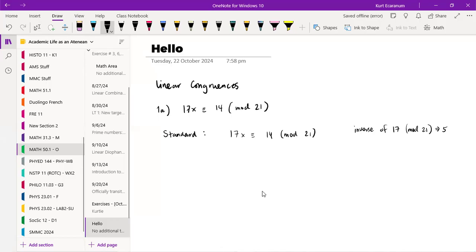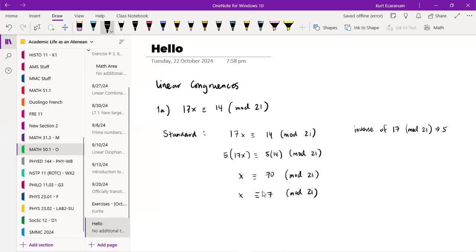And we can multiply both sides by 5 by that second theorem kanina. 5 times 14 mod 21. And so, 85. So, we end up with x congruent to 70 mod 21. X congruent to 7. And okay, we got it.